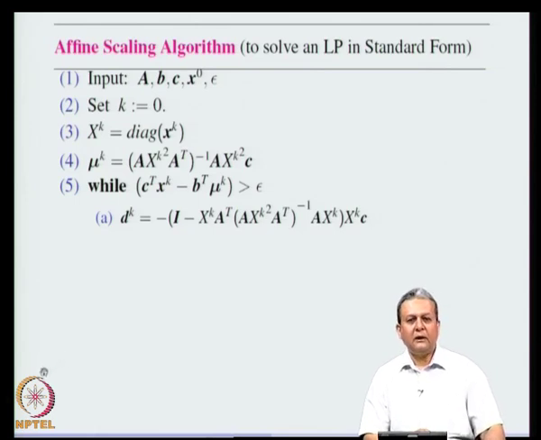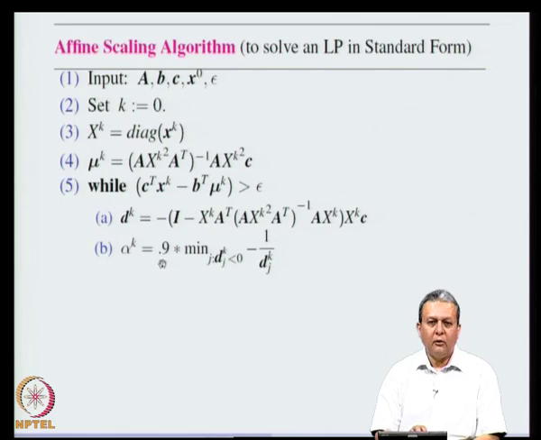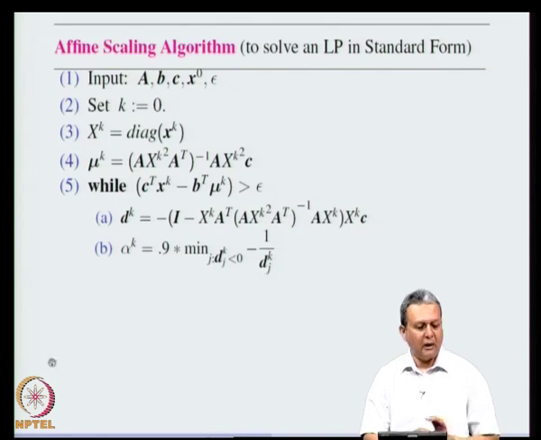Having done this projection, we need to find the step length that could be used. The step length which one can use is 0.9 times the minimum at which one of the components becomes 0, or 0.9 into alpha max. So, this is the alpha max that we have.